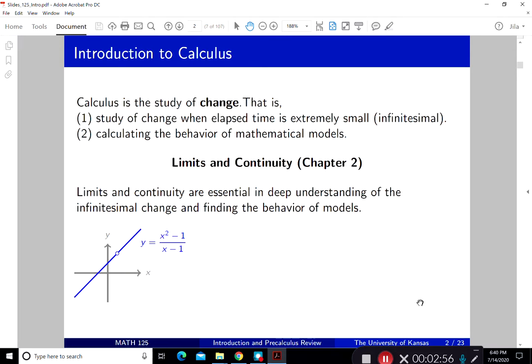Basically, elementary functions are continuous in their domains. But then easily enough, there can be a hole in the function, and that hole causes a discontinuity. In this case, the limit exists, but the function has a hole, so discontinuity happens.